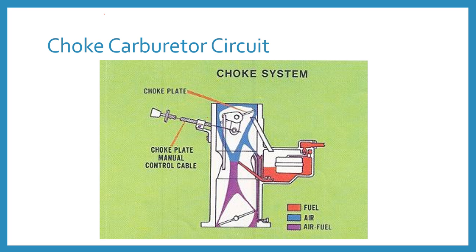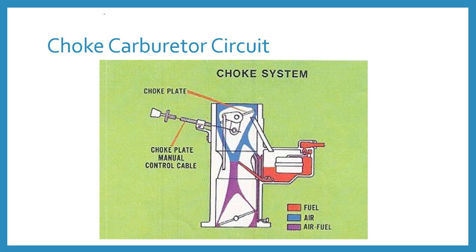The excessively rich mixture causes poor engine performance and leads to carbon deposits inside the combustion chamber. In order to prevent this problem, vehicles now are provided with automatic chokes.